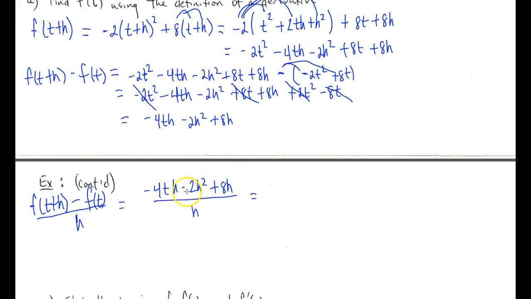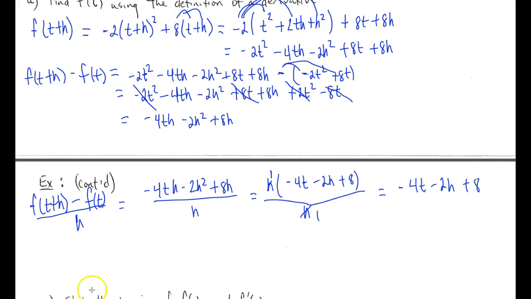And so now it depends on how you want to do it. You can separate this into 3 separate fractions and then reduce the h's, or you can factor out the h and then reduce. And so I'm going to choose to do the latter. So I'm going to factor out an h out of each term. And then here I see that those h's reduce to 1. And all I have left is a negative 4t minus 2h plus 8.